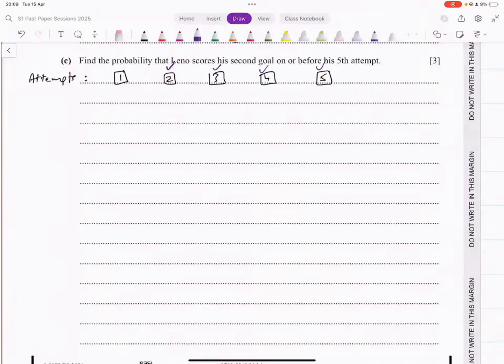Wouldn't that be too much calculation? Because we have to consider multiple binomials here. Okay, so let's do it the same way that we used to do before. And that was, one possibility is that the first goal is scored here and the second is scored here.